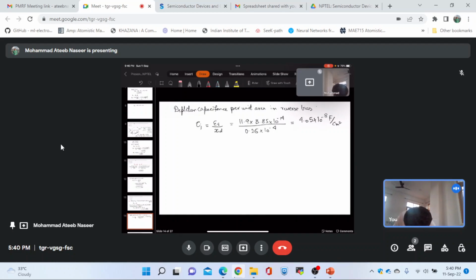But we had told to find it in nanofarad per centimeter square, so we will write it to be 40.5 into 10 raised power minus 9, that is nanofarad per centimeter square.